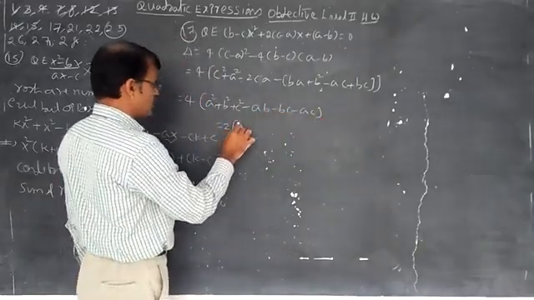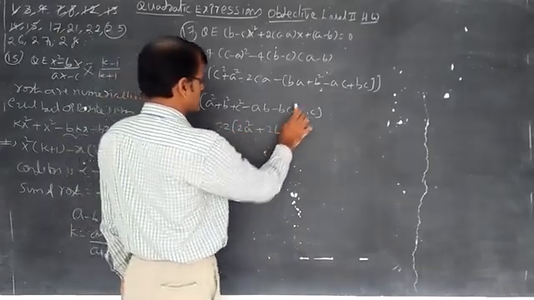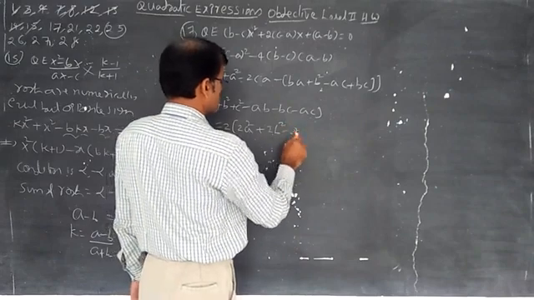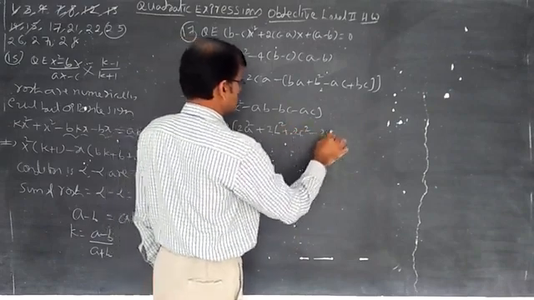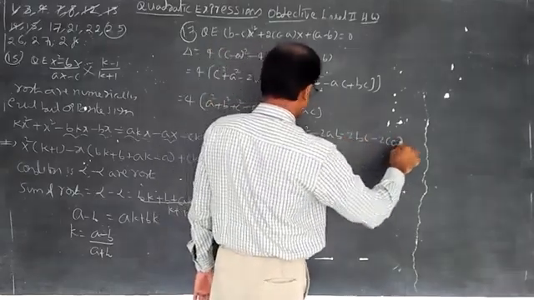We had written like this: 2 into 2a² + 2b² + 2c² − 2ab − 2bc − 2ca.